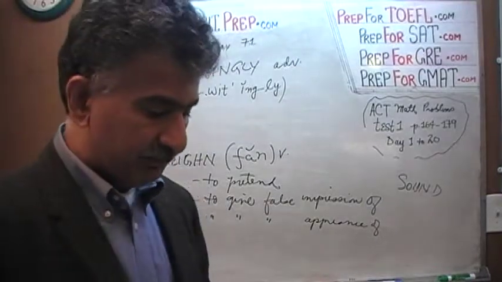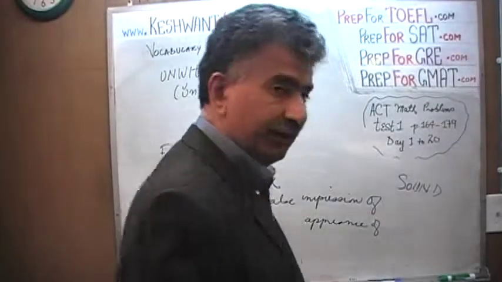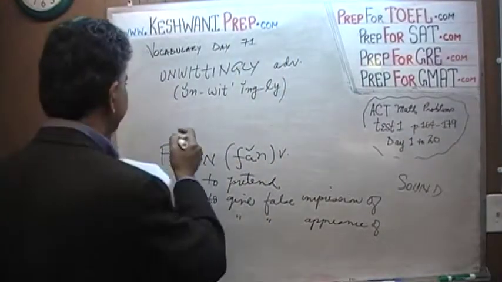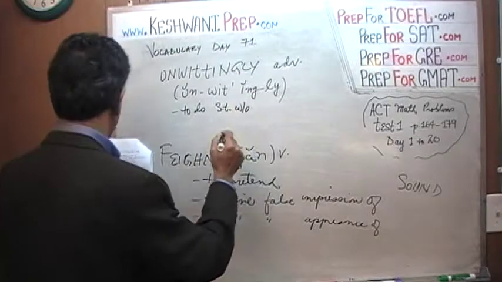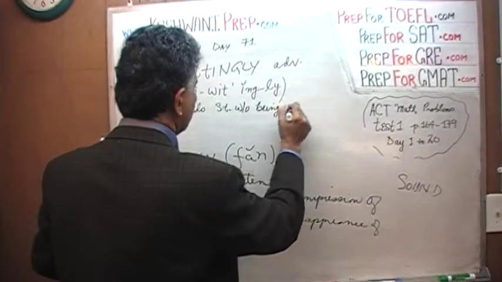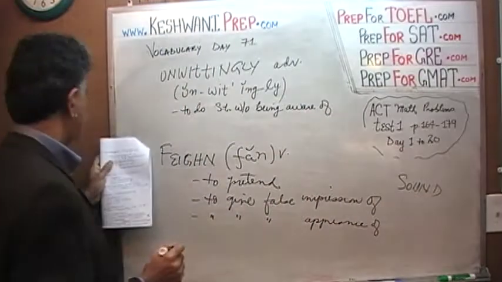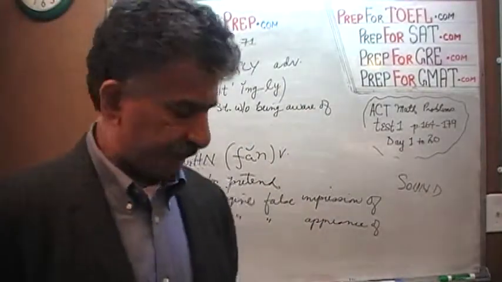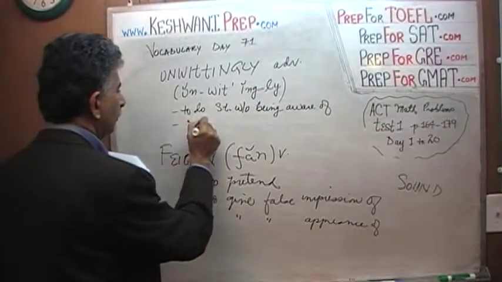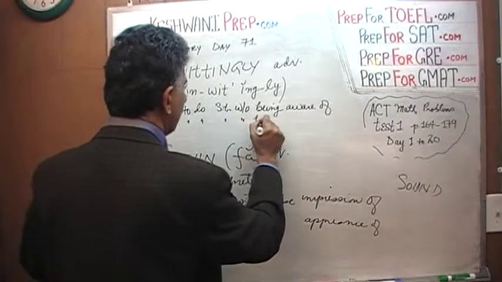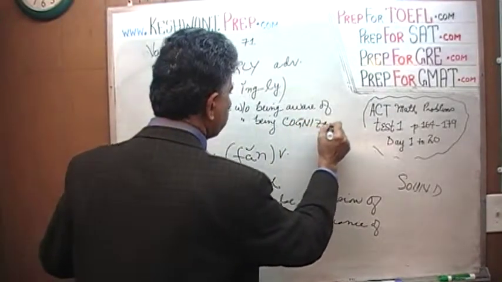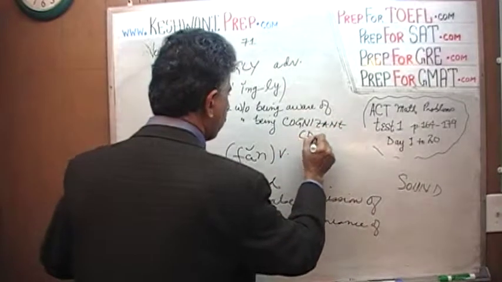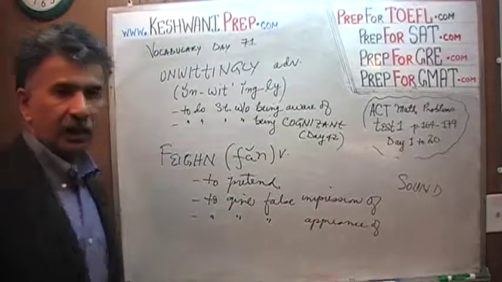Since you're describing an action, it's an adverb. Something that describes a verb is called an adverb. To do something unwittingly means to do something without being aware of, without being cognizant. We learned the word cognizant on day number 42.